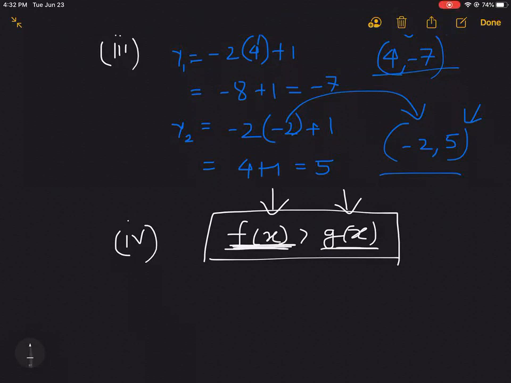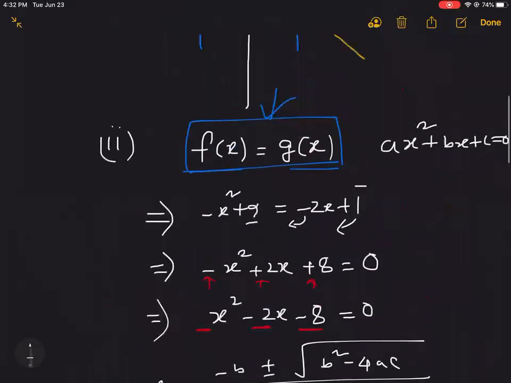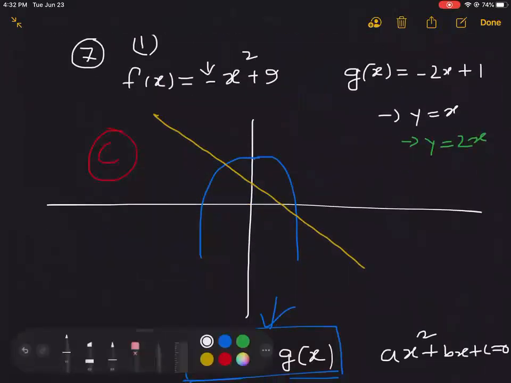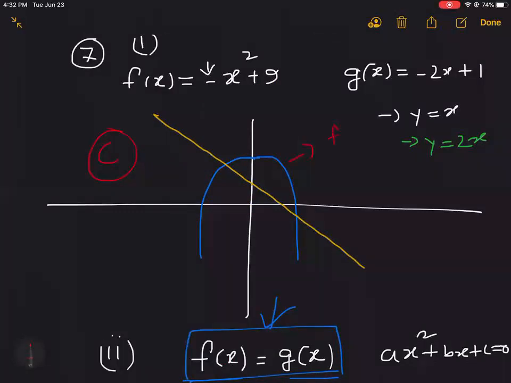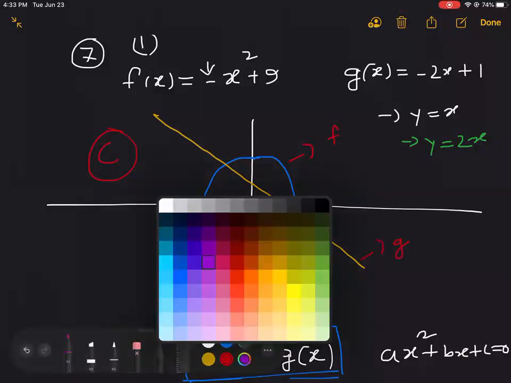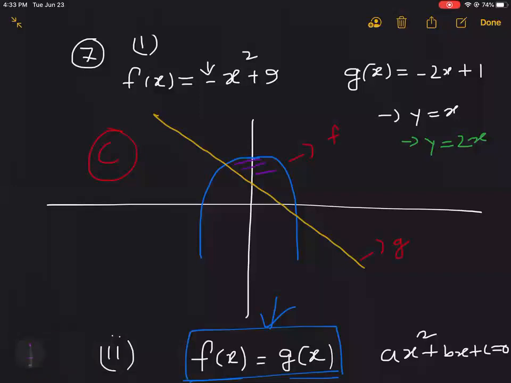So we have the graph here. We can use this, okay? And if I use a different color, let's use red. All I can see, this is the graph for f of x, right? And this is the graph for g of x. So the only region I can see where this graph of f is above this graph of g is this, what color is that?